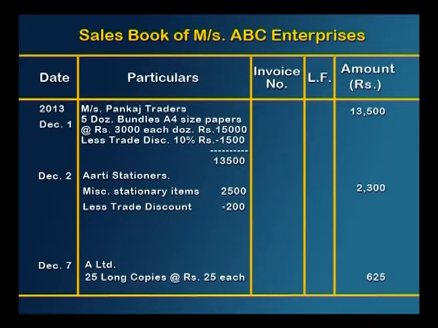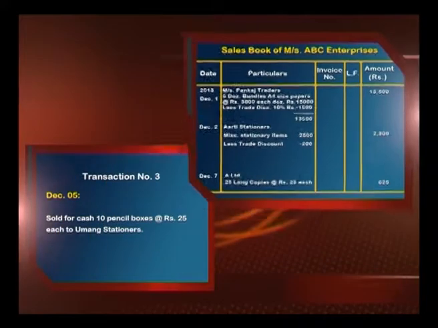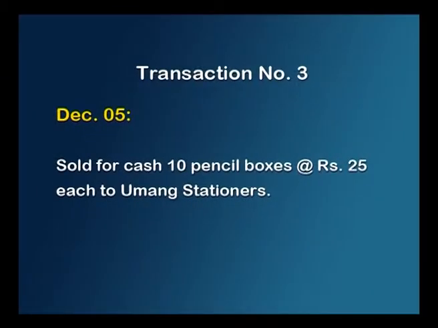The date is mentioned in the date column, the name of A Limited along with details of long copies and price is mentioned in the particulars column, and the total value, that is 25 long copies at 25 rupees each, 625 rupees, is mentioned in the amount column of the sales book. So, you might have understood that the transaction dated December 5 has not been recorded as it is a cash transaction.